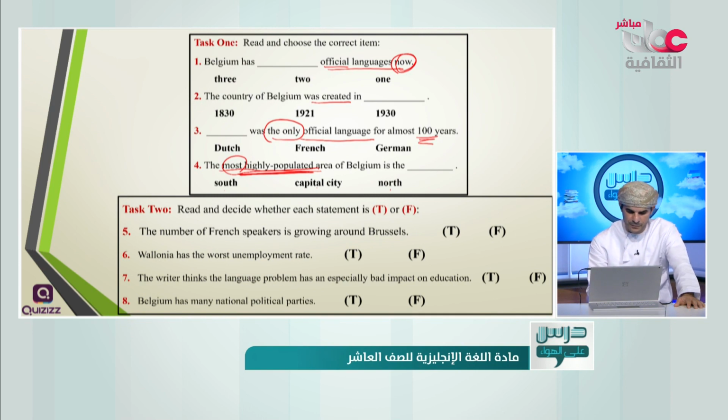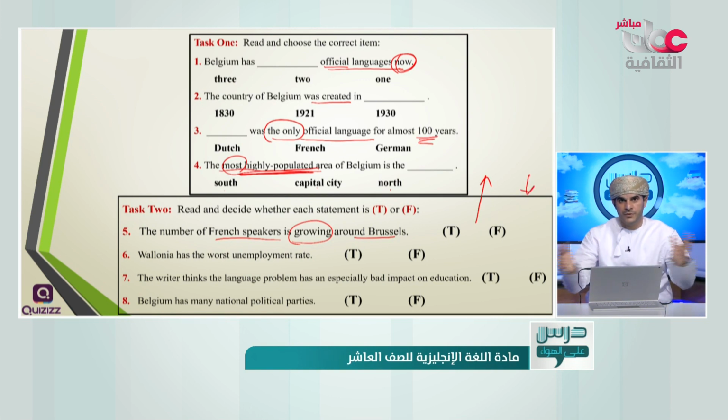There. Let's go to true-false questions. The number of French speakers is growing around Brussels. Is it growing, increasing, or decreasing? If it's growing, it's true. If it's not, it's false. Wallonia has the worst unemployment rate.